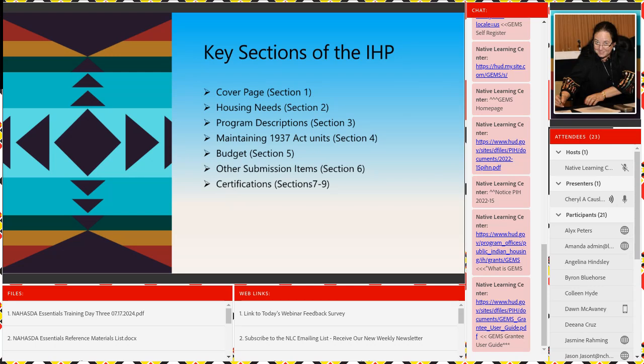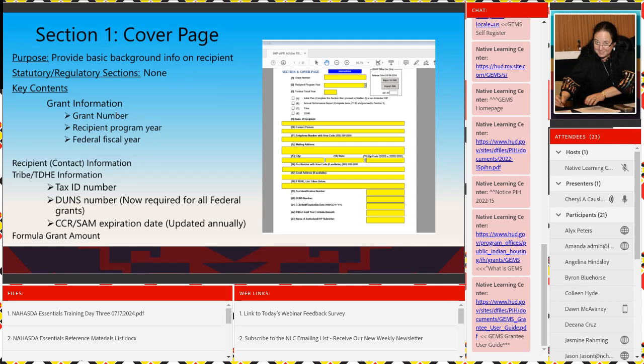The budget is section 5. Your other submission items are section 6, and your certifications are 7 through 9. This will give you a glimpse at what it is. You need to know tax ID numbers. You need to know the DUNS number, which is required for all federal grants. Your CCR SAM expiration date is updated annually. Okay, that's another thing.